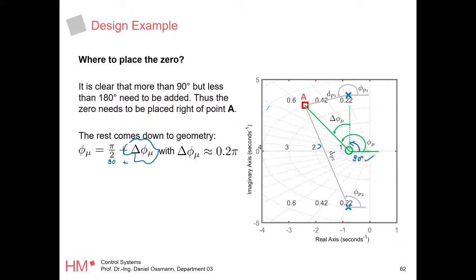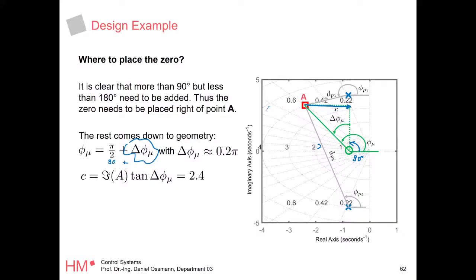So the question is now, how do we get this 36 degrees out? Well, we can compute that. We know that there's a line missing. This distance here is the distance at which we want to put our 0 away on the x-axis from A, right? But we don't know that.